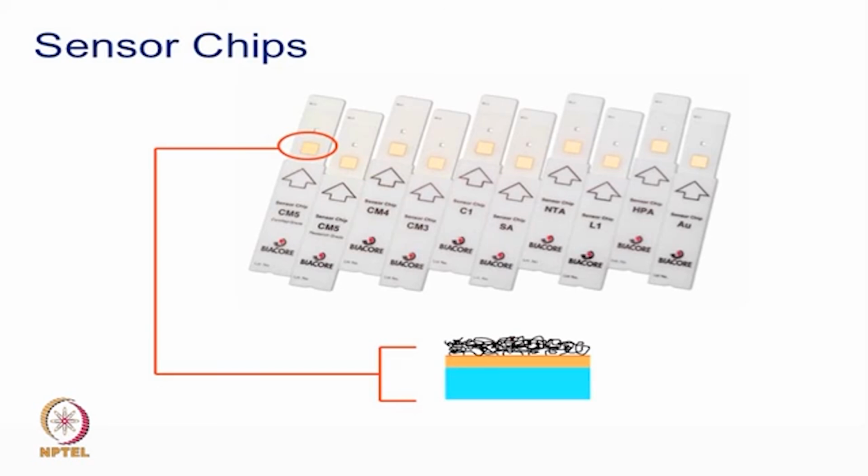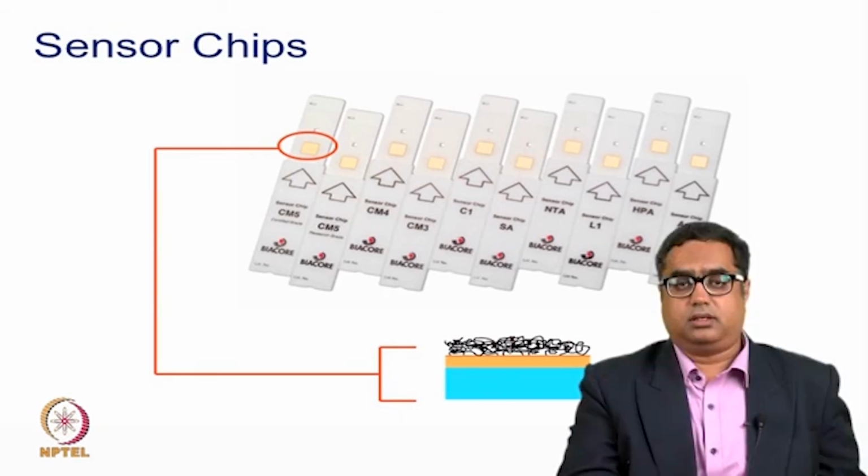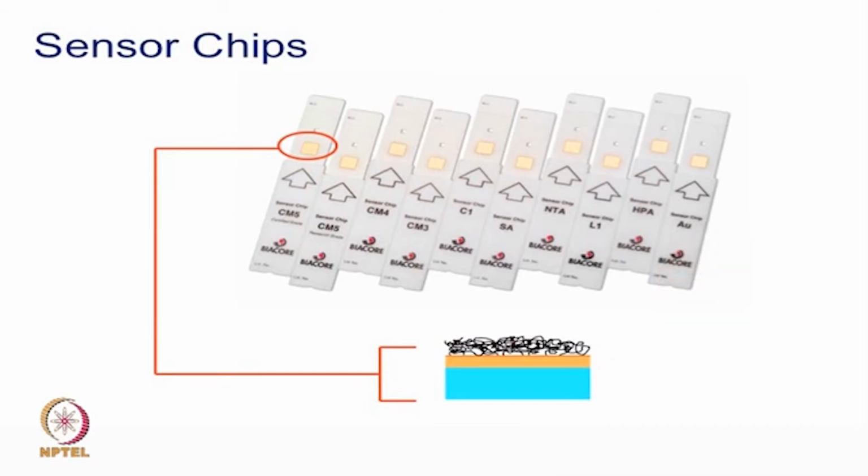Each of these chips has a place for an adapter, and this adapter actually holds the gold, and that gold place is where the immobilization happens, and the adapter pushes the gold surface into the SPR system where actual immobilization happens.